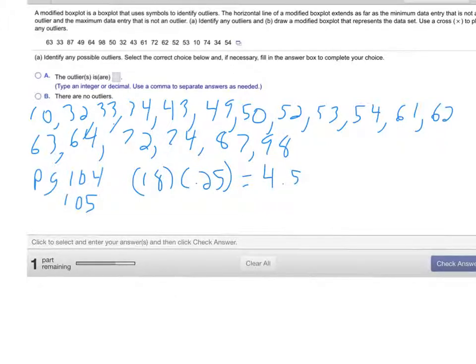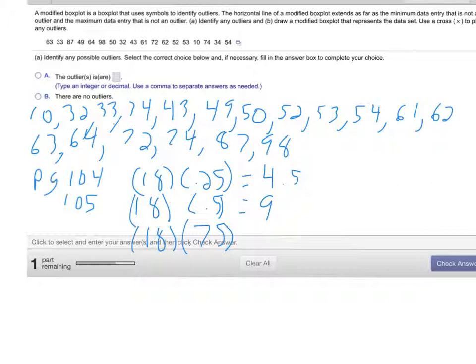And so I would look at the fifth piece of data. If I multiply it by 0.5, that's 9. And then if I multiply it by 0.75, this will give me the quartiles.